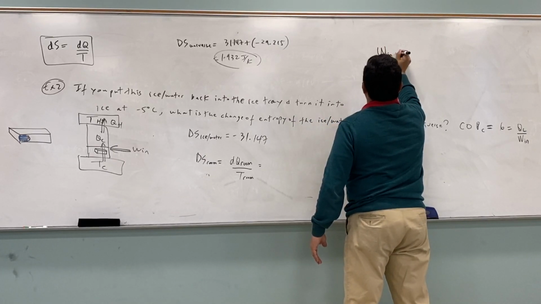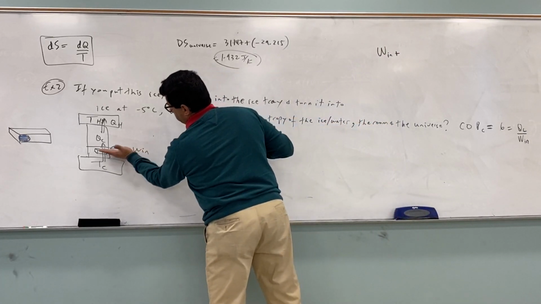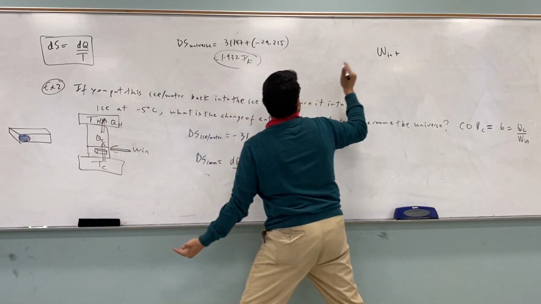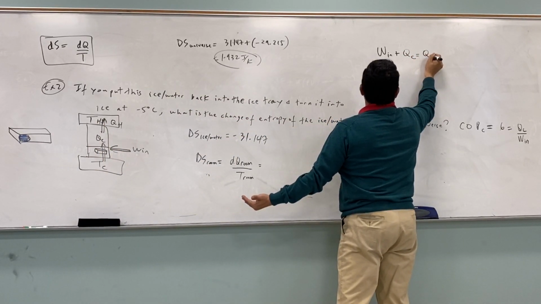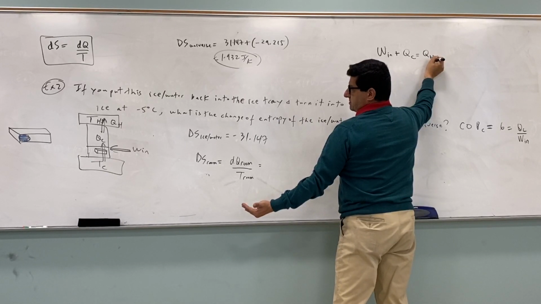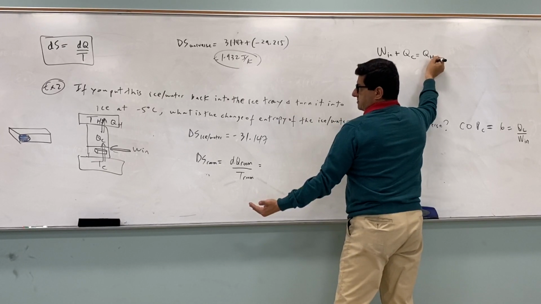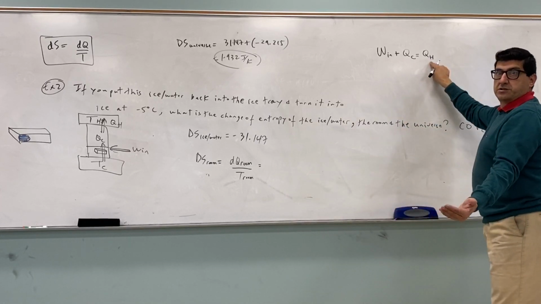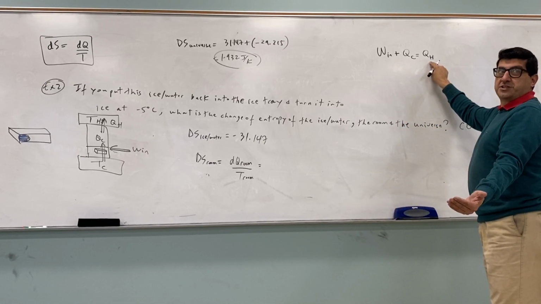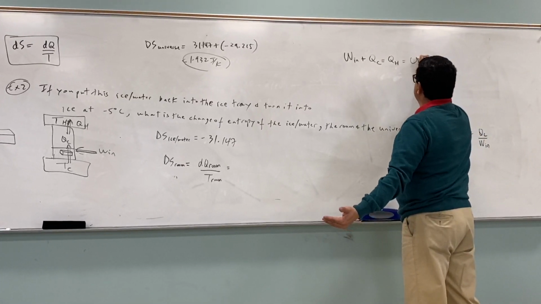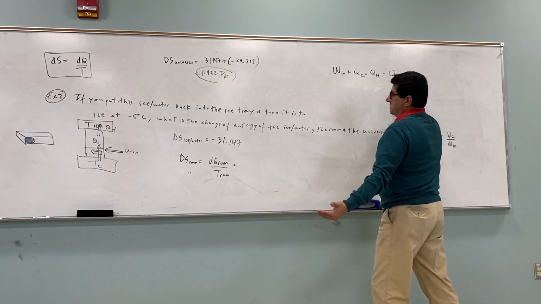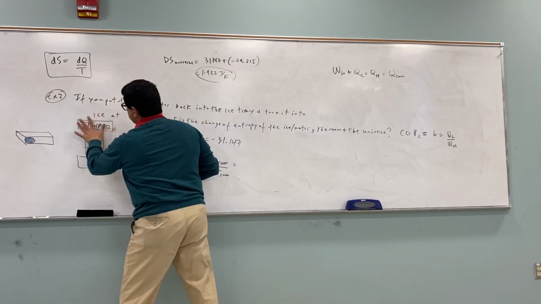W in is how much work you're putting in, plus QC is equal to QH. QH is how much heat you are dumping into the room, Q room, because that's going to be the room right here.